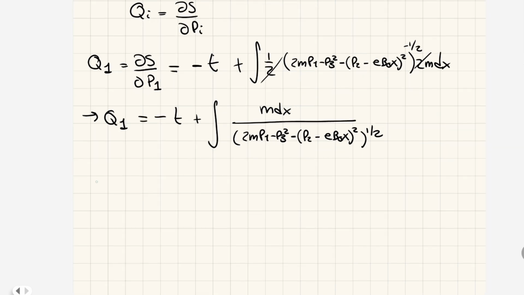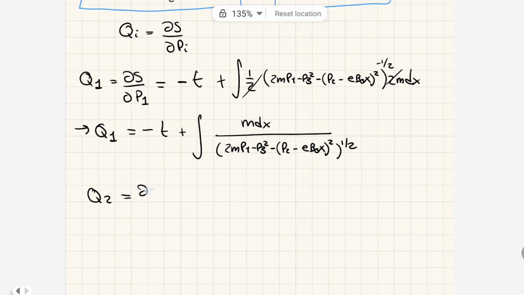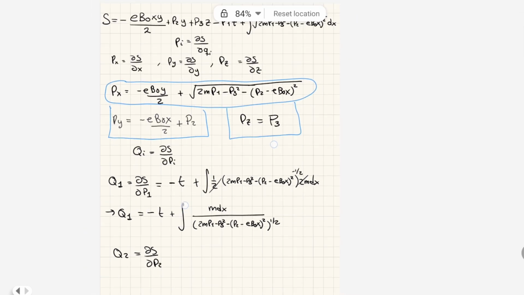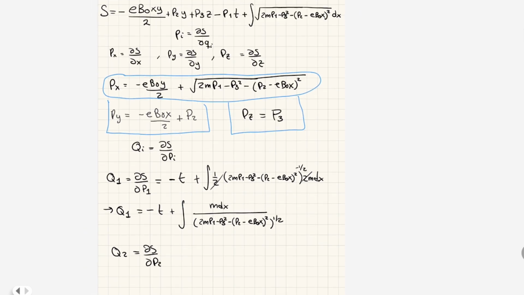Now let's calculate what is q_2. We need to take the partial of S with respect to p_2. If we look at our expression for S, we will see that we are going to get a y here, and then plus the integral of the derivative with respect to p_2 of all these elements.